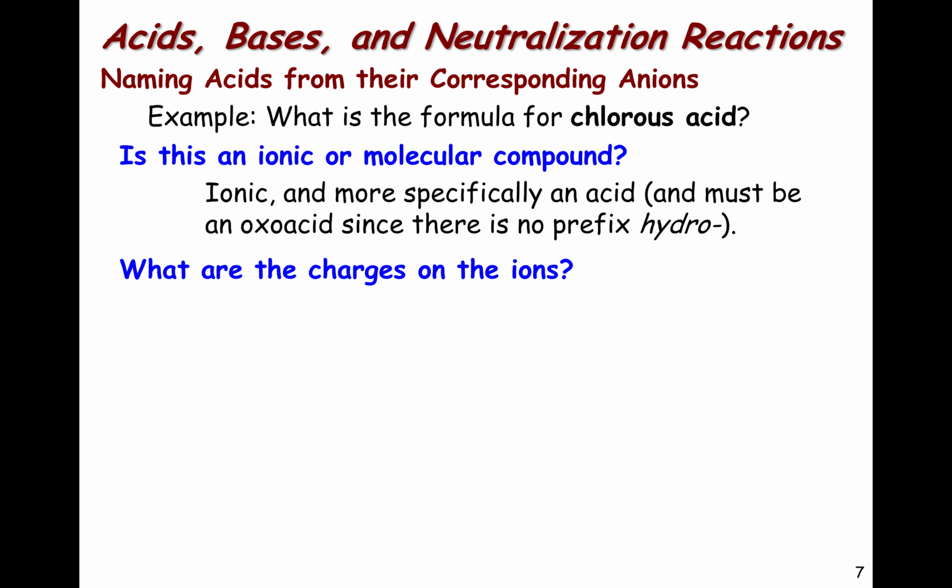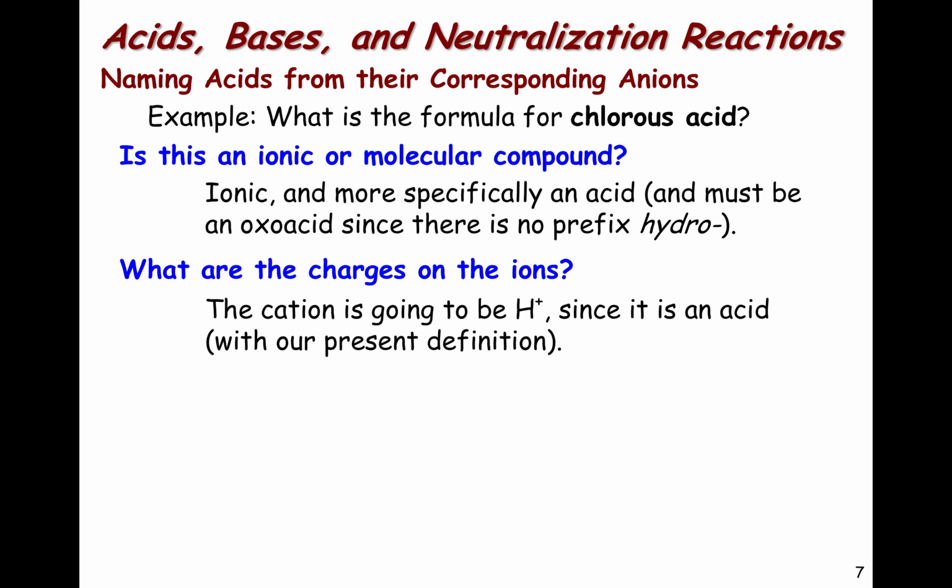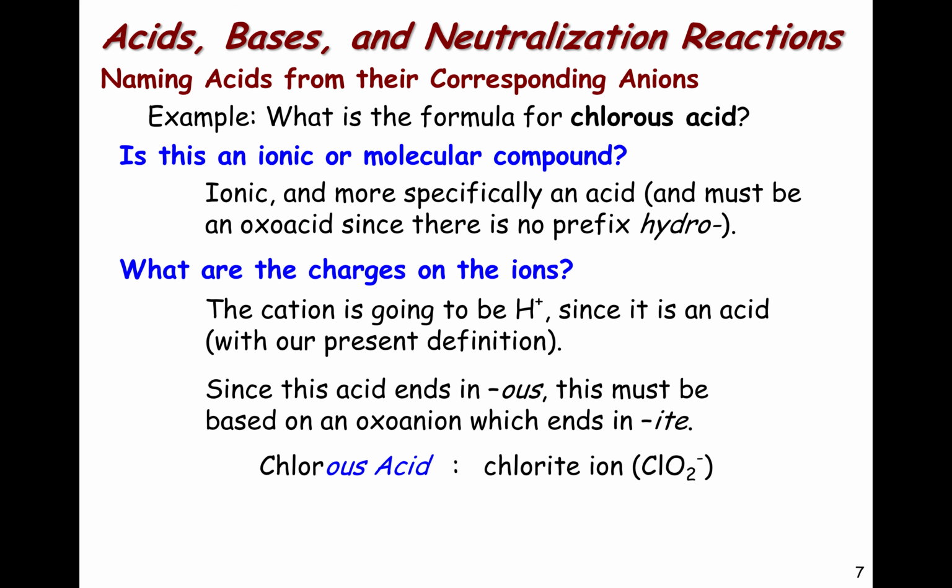So that means that we have to figure out what the ion is. The cation is H plus, but the anion is from chlorous acid, and so we have to have the corresponding ite ending for the anion.